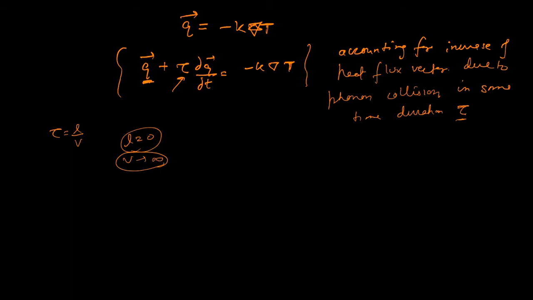The information is propagated at a very high speed, so the collisions happen at infinite speed between the phonon collisions. In either of these cases, we could recover back our original diffusion equation. But if we account for the increase in heat flux vector due to this phonon collision, we get this part.